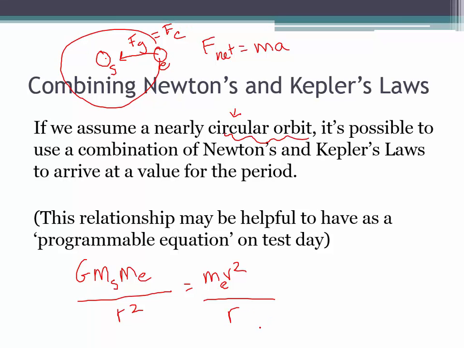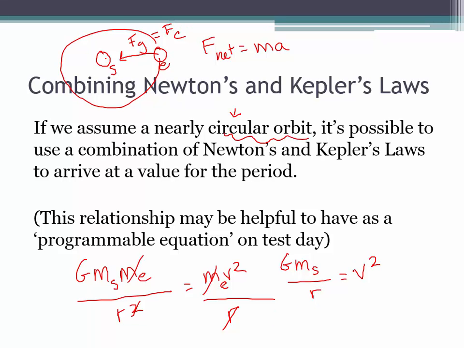Now I can do some combining here, cross off some common terms, have m on that side, I have r here and an r here. So when I rearrange this, I can say G m_s over r equals velocity squared.